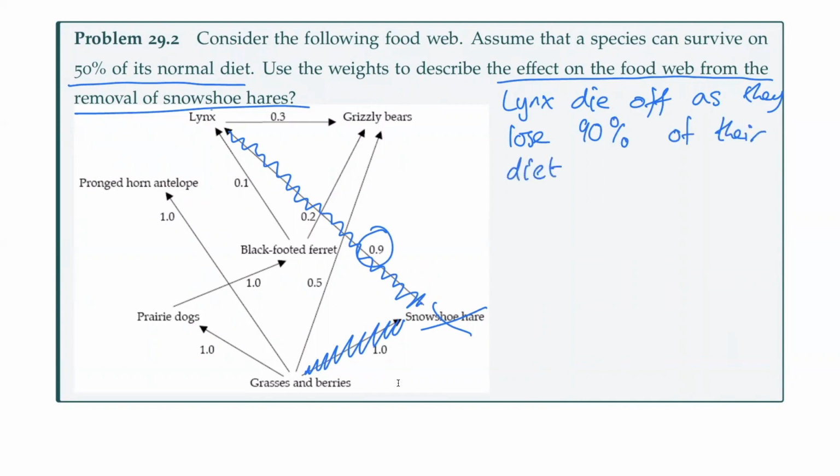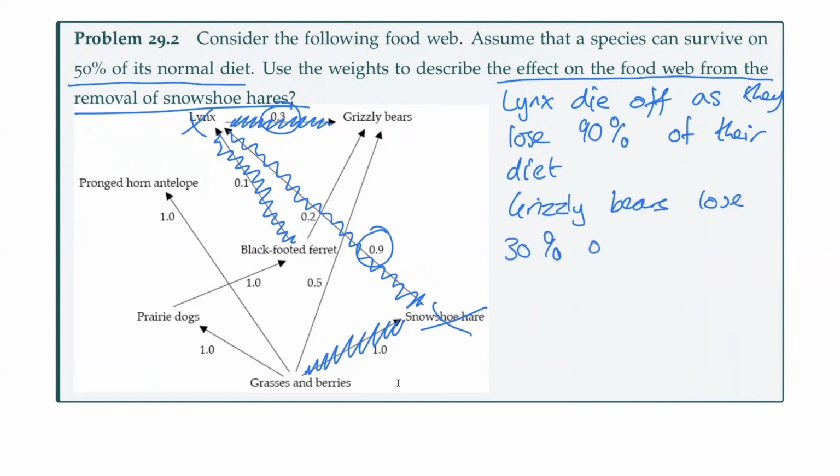Now, if lynx are now dead, that means this link here and this link here are also gone. So that means that grizzly bears are going to lose 30% of their diet. But we're told that a species can survive on 50% of its normal diet. So they survive.